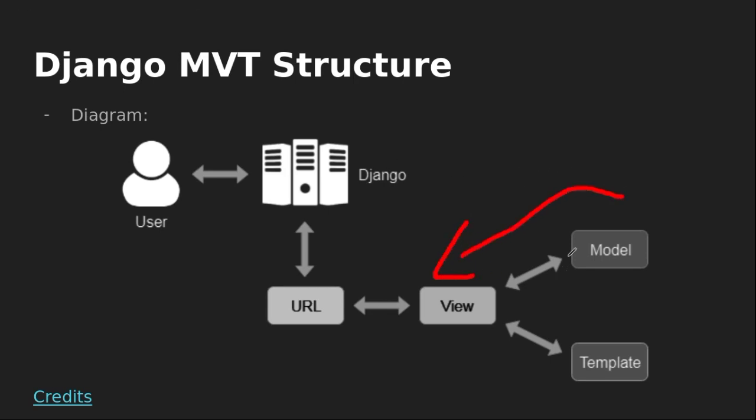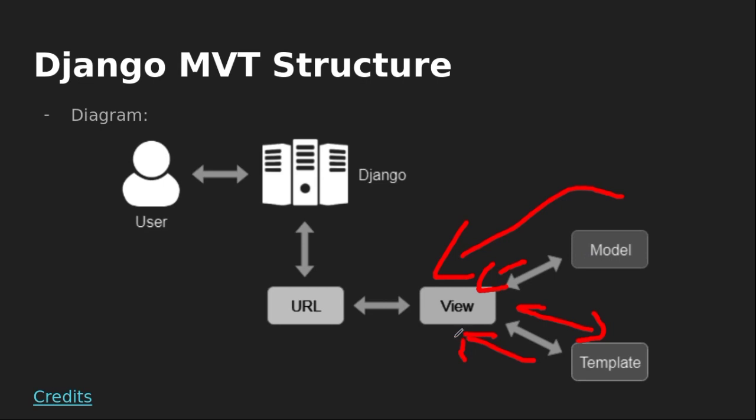Then your view will request the template, and it will also pass your data as context to the template. Then the template will return static CSS, HTML and JavaScript.